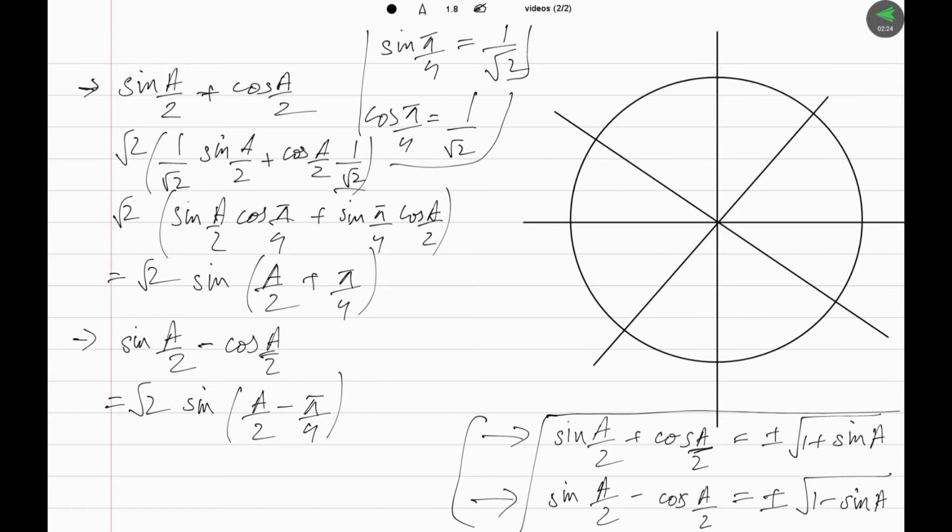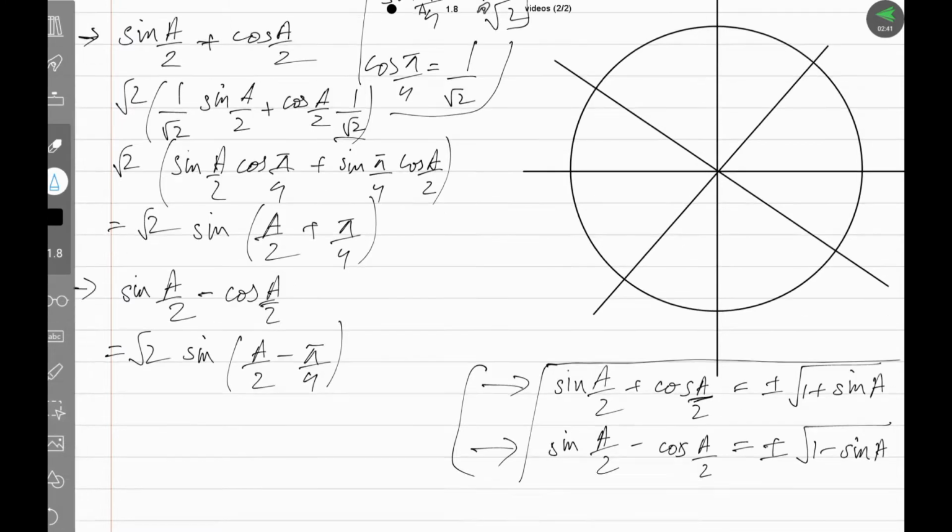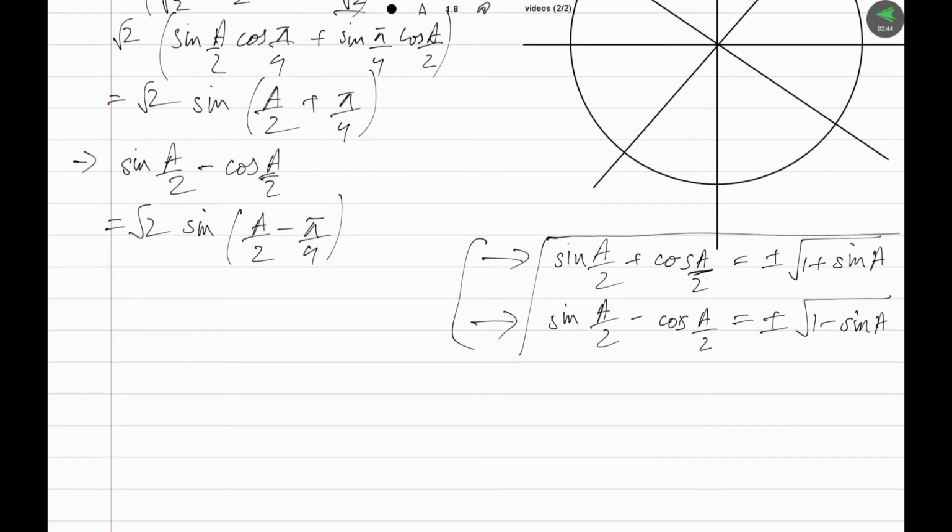So now let's see finally where they are positive and where they are negative. Talking about this first one, we have square root 2 sine; forget about the square root 2 first. Let's talk about this sine of A over 2 plus pi over 4.